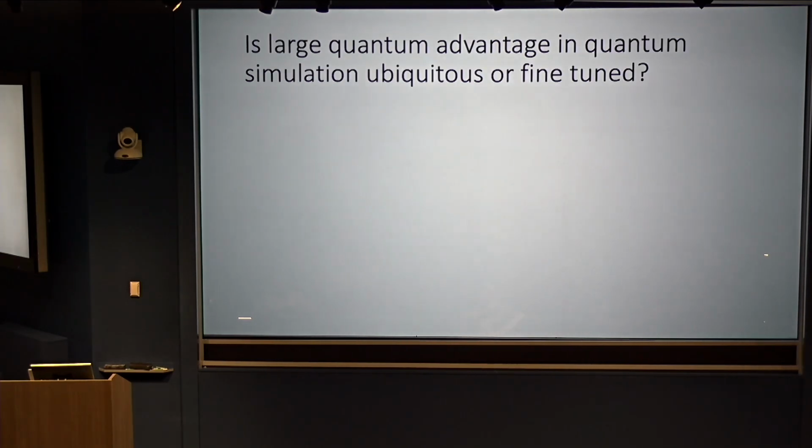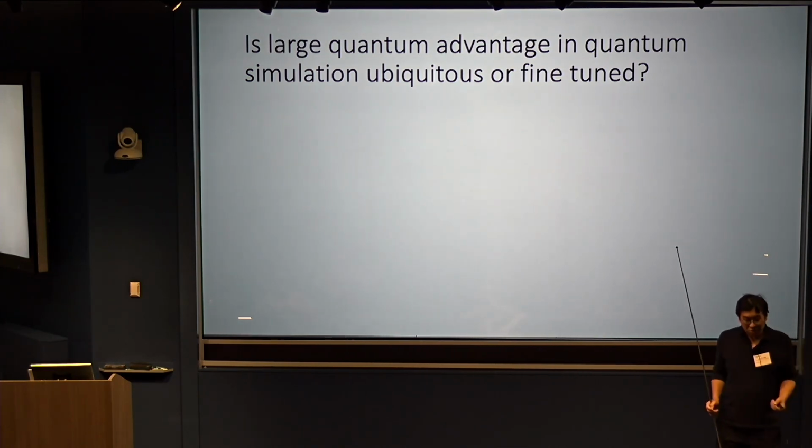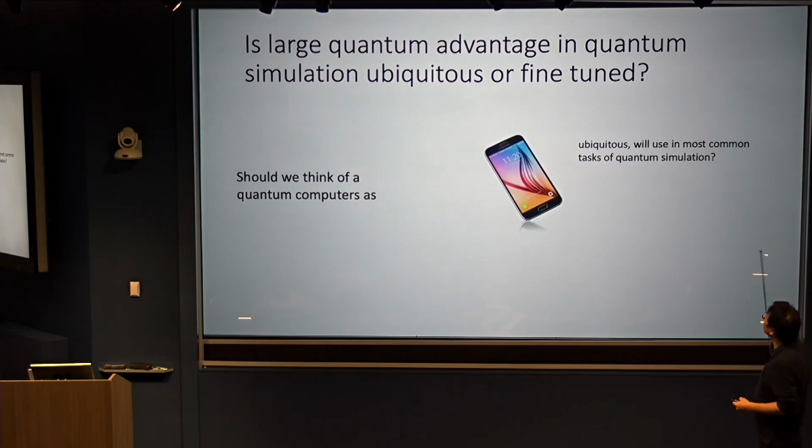Okay. So I think one of the interesting questions one can ask when we're thinking about quantum advantage in quantum simulations is, what should we expect in the future? Should we expect quantum advantage to be ubiquitous? In other words, whenever you have a quantum simulation, you should use a quantum computer, and it's always going to give you a speed up.